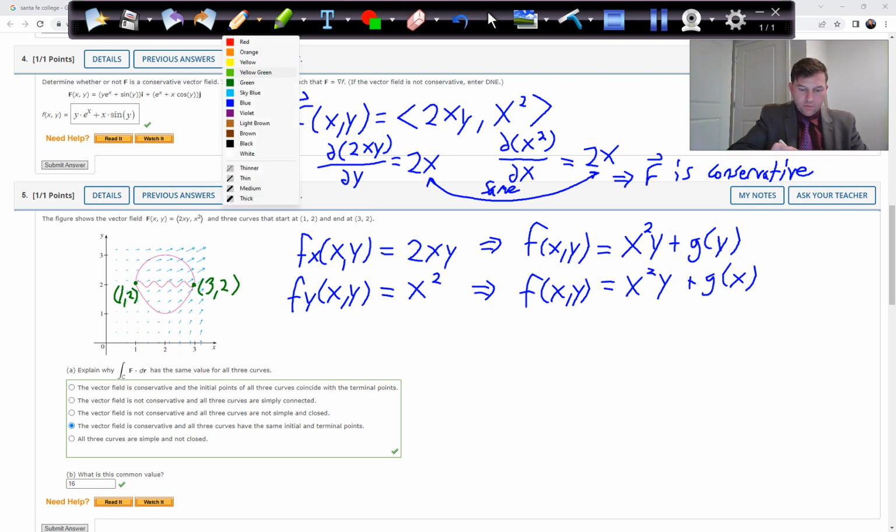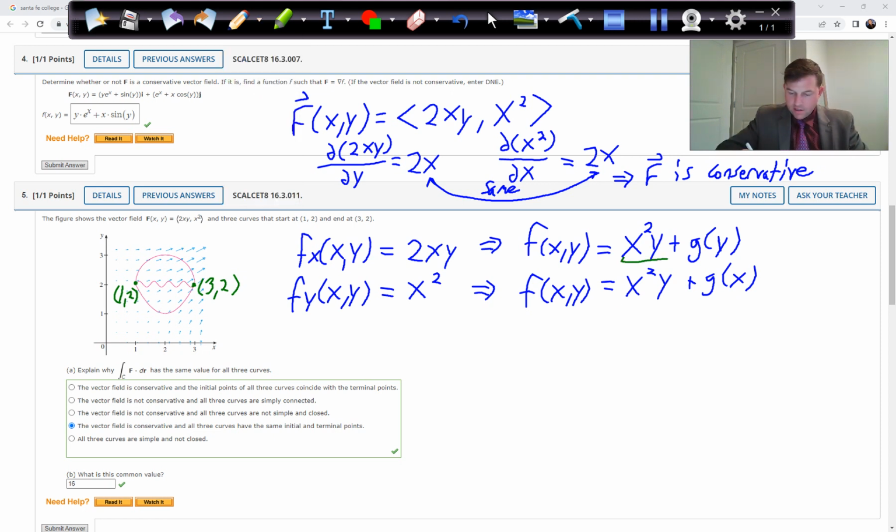And just like before, we notice this is exactly the same as that, which means I don't need any extra terms. We can essentially say they're constants or they went to 0. And so we can say our function is equal to x^2 y.